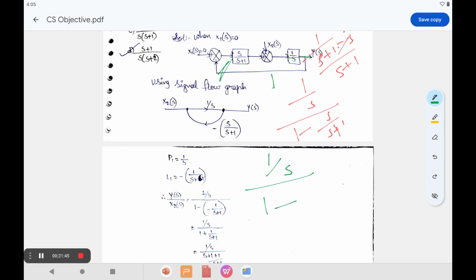and 1 plus s by s plus 1, right? So that is nothing but, if you are taking a positive value, s by s plus 1, this is also 1 way, right?